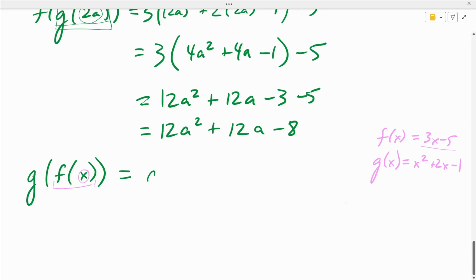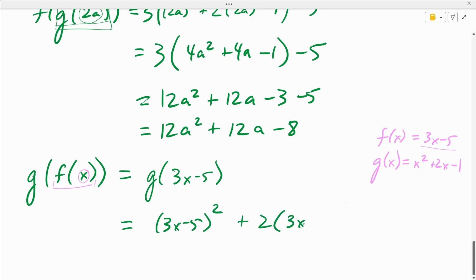So I have g of 3x minus 5. If you want, you can write it that way. Now, g of this input means this input has to be squared plus 2 times this input minus 1. So now we have (3x minus 5) squared plus 2 times (3x minus 5) minus 1. That's g of f of x.